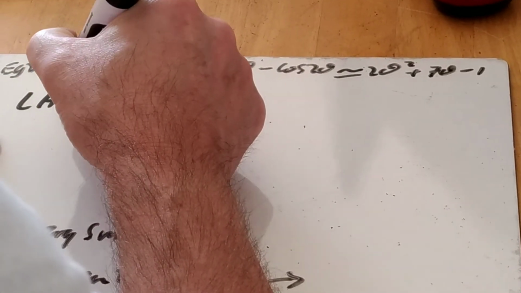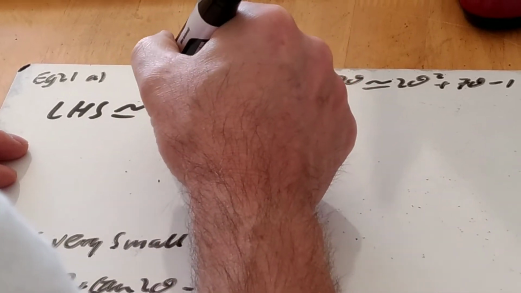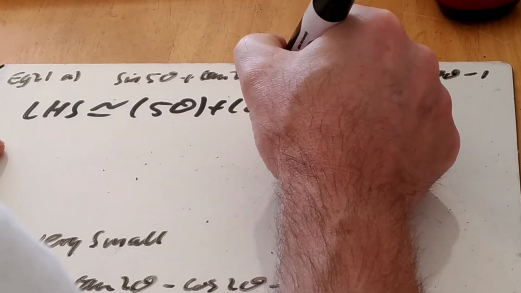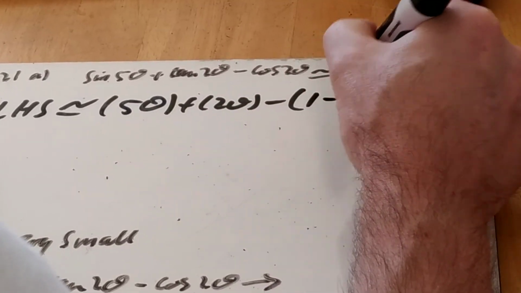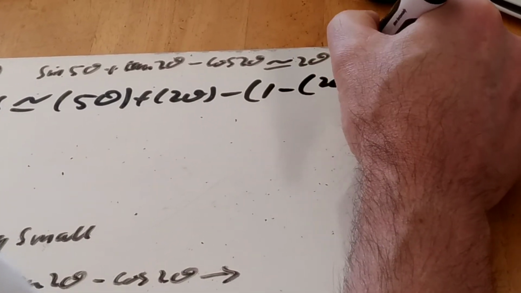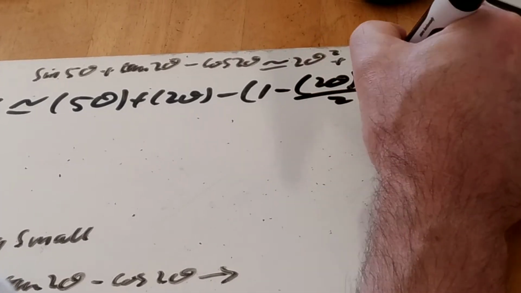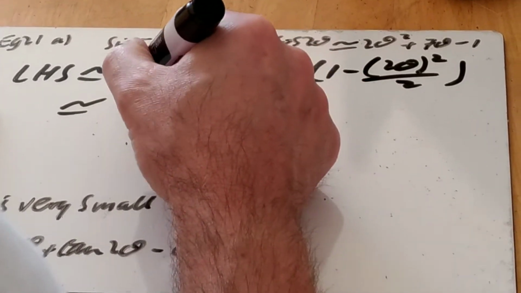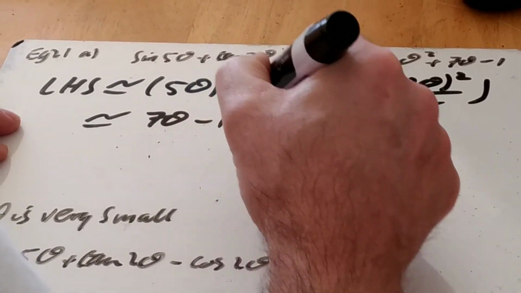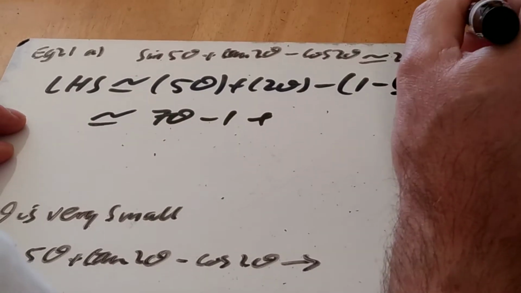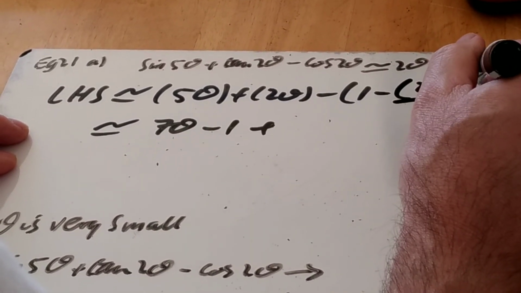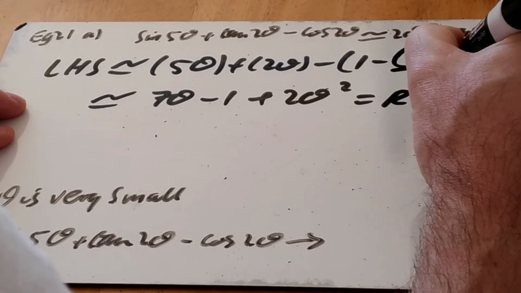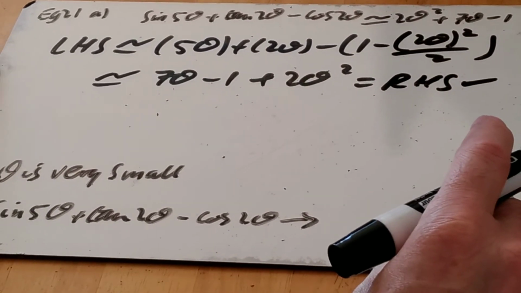We're going to look at the left hand side and we'll say the left hand side is approximately equal to 5 theta plus 2 theta minus 1 minus, and again 2 theta all squared all over 2, and that becomes 5 theta plus 2 theta, there's our 7 theta, minus 1, minus times minus is plus, and 2 theta all squared is 4 theta squared over 2, and 2 theta squared, and that equals our right hand side. So we're good to go there.